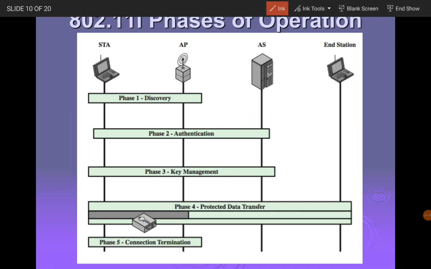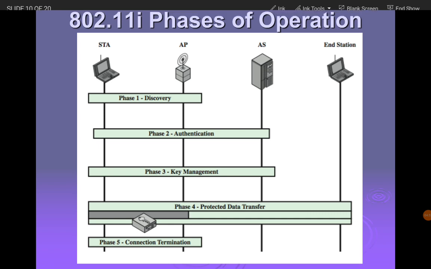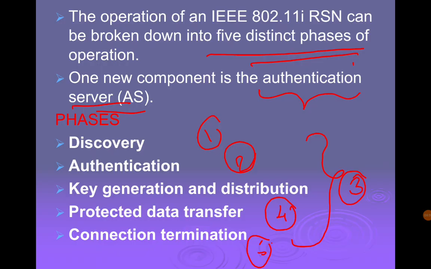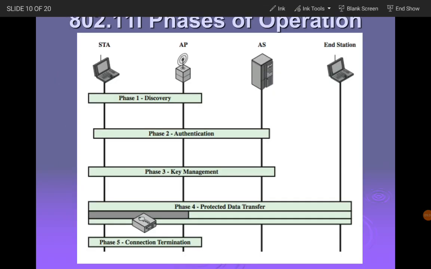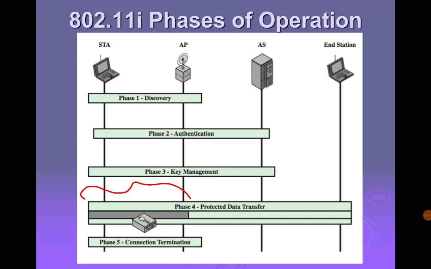Then the fourth phase is protected data transfer, that is data transfer between the station and the end station. But here the encryption is done only at the end station and access point, so it does not provide end-to-end encryption. And the final one is connection termination.